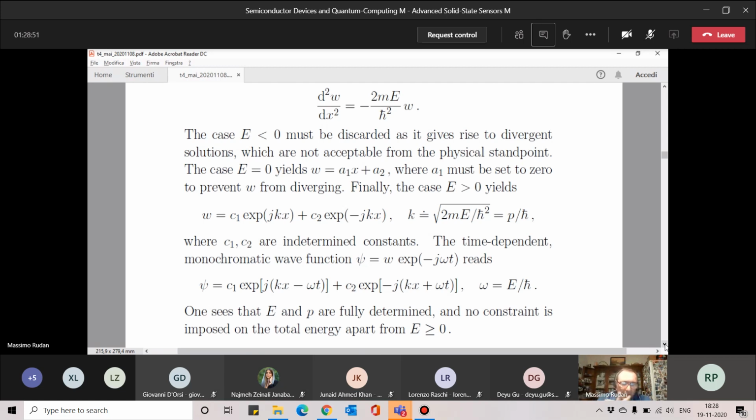So the solution is W equal to some constant C1 times exponential of jkx. K is found from the equation. It is the square root of the coefficient. So it is the square root of 2mE divided by h bar squared. Okay.